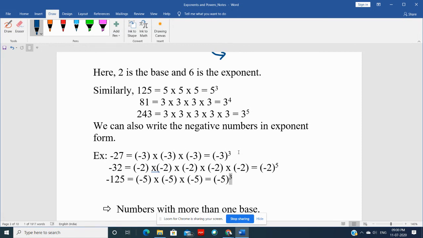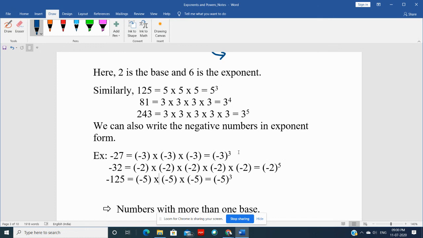Do you remember what I told you in the integers chapter? If you multiply a minus sign an odd number of times, the answer is minus. This is the same. So math has connections. This is how you can represent negative numbers also in exponential form.